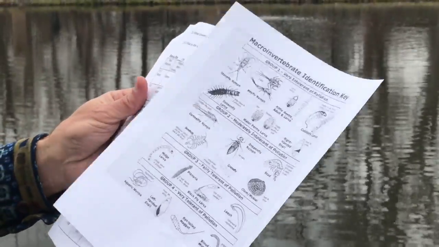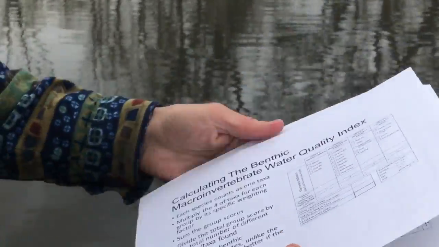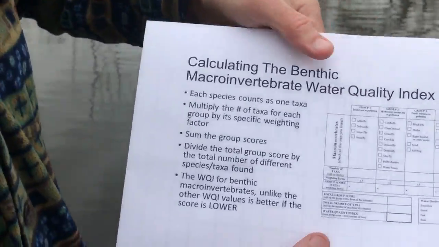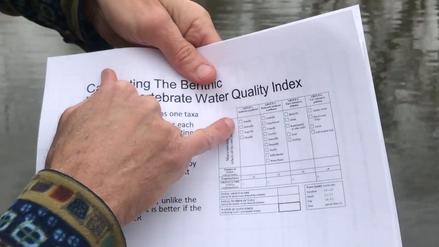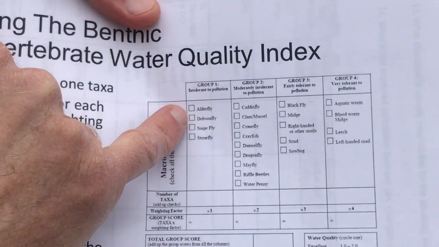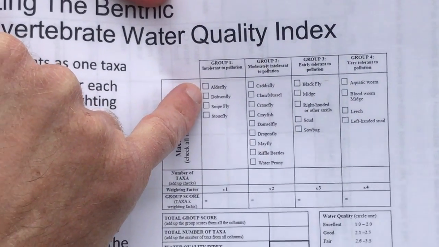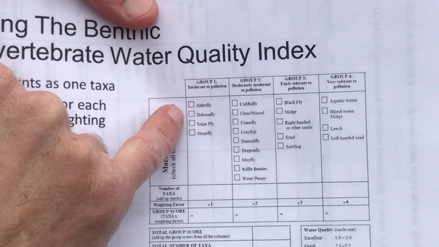Okay, and we give them a score. So we have a score sheet here that we're going to keep track. For each species we find, we're going to mark it. Okay, and if we find a damselfly, for example, we put a mark there, and that would be a score of 1, no matter how many we find. If we find a whole bunch of them or only 1, it doesn't matter.